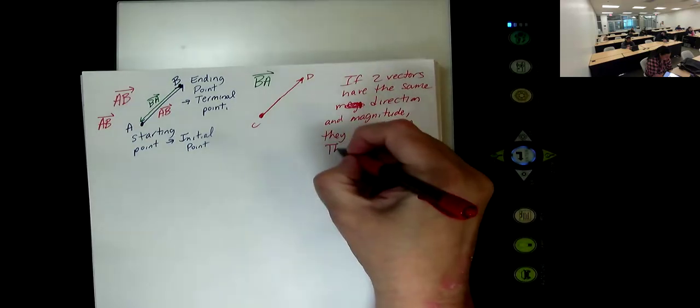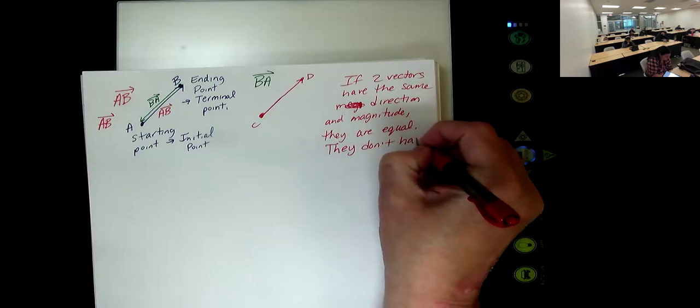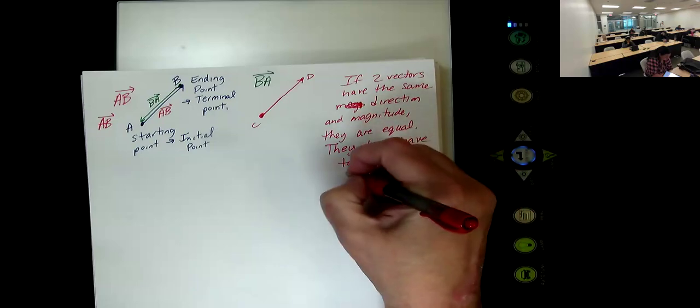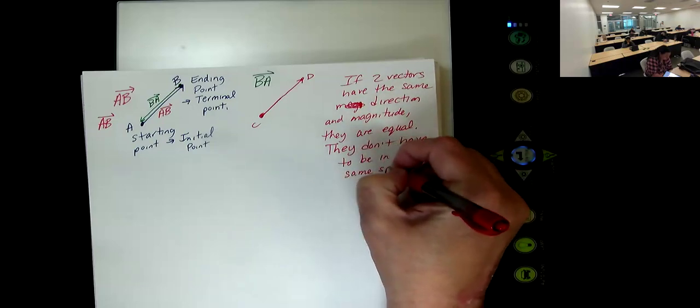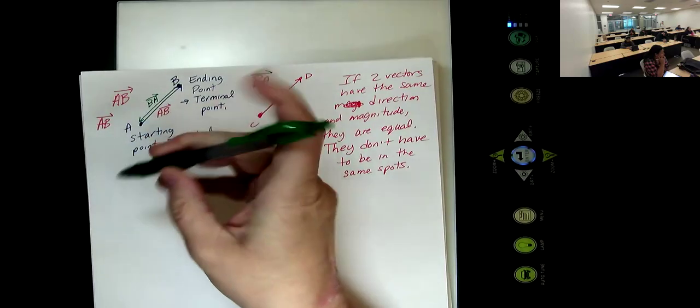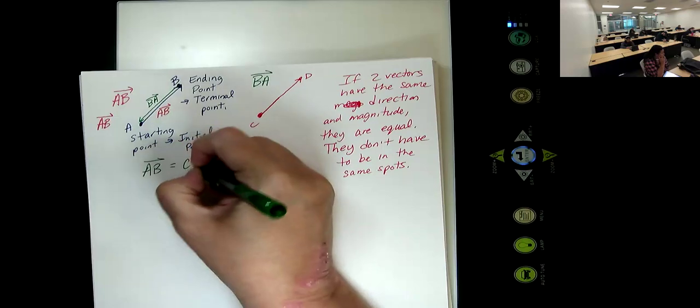They don't have to overlap. Don't have to be in the same spot. So AB, assuming I make them the same angle and direction, AB is equal to CD.